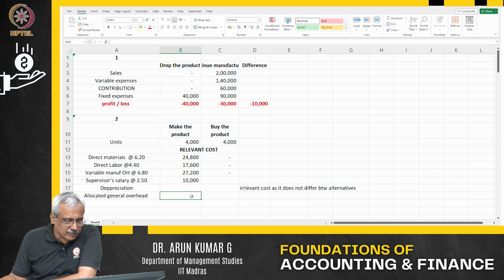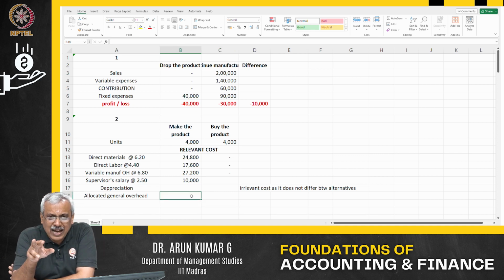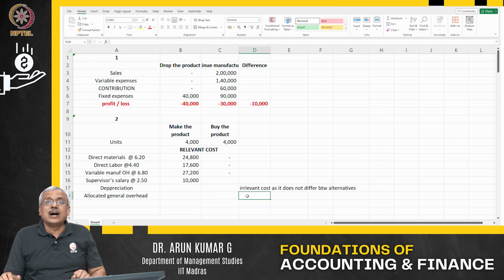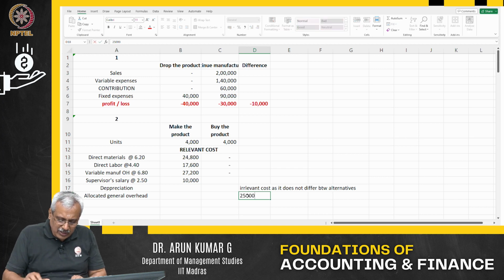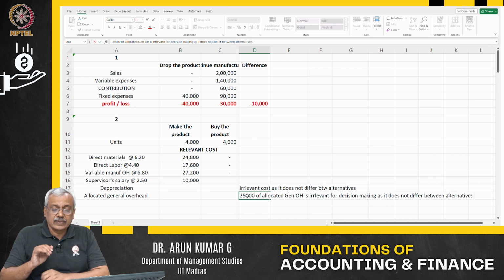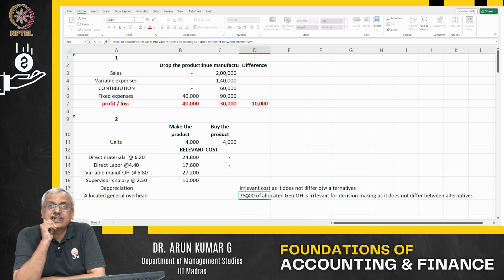If you manufacture the product, that is 28,000 rupees, only 3000 is avoided. So, 25,000 rupees of general overhead is irrelevant for decision making as it does not differ between alternatives.